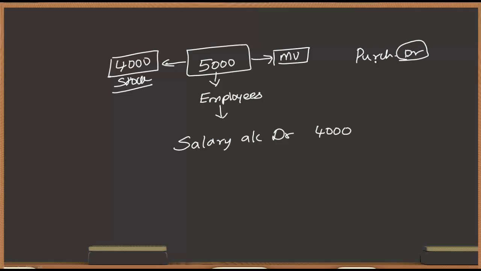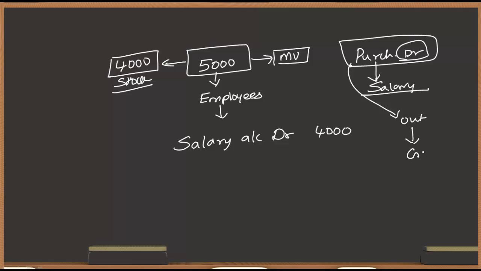Now this balance is going to come down because of having given it as salary. So we would have debited the purchases when stocks were purchased. Now the stock had gone out, so to that extent this account should be credited. So the entry should be salary account debit to purchases account credit 4,000.